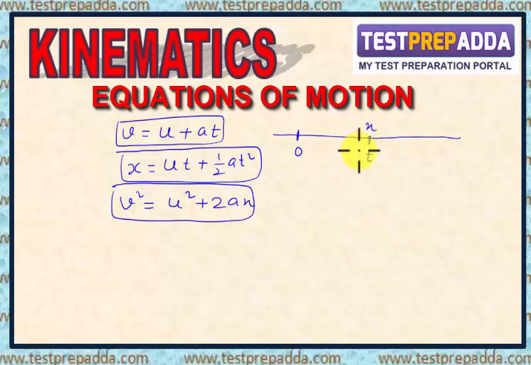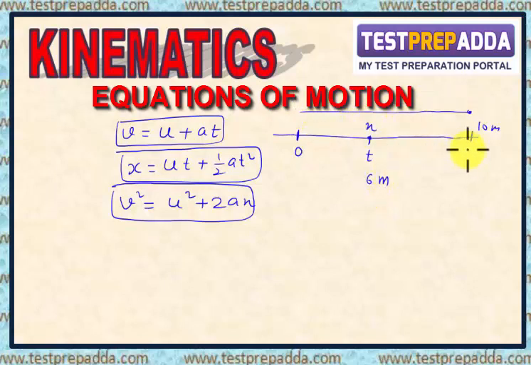For example, if the particle is at origin at t is equal to 0 and goes to, let us say, 10 meters, and then comes back, and at a time t, if I say the particle is at 6 meters, then the distance traveled will be how much?